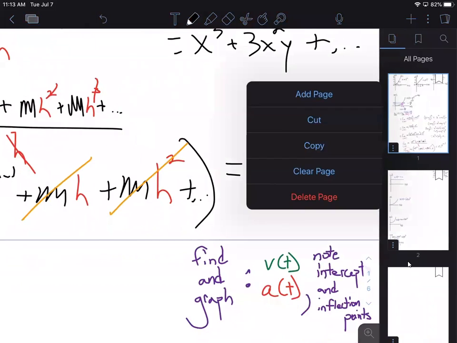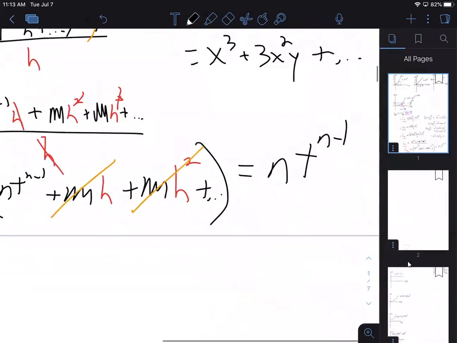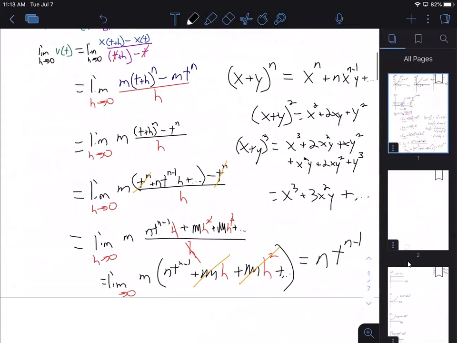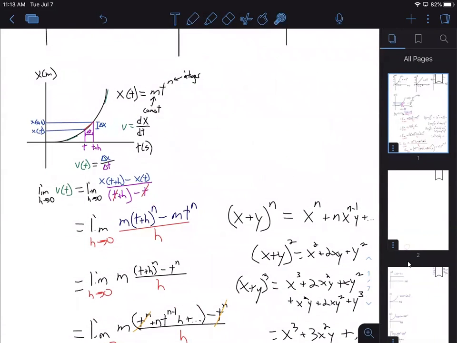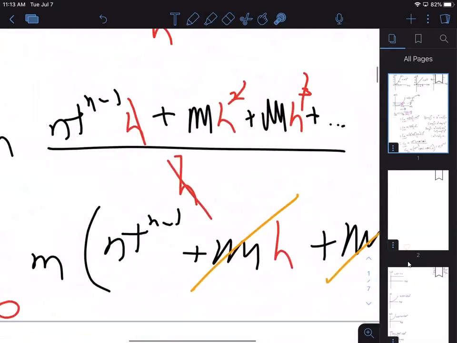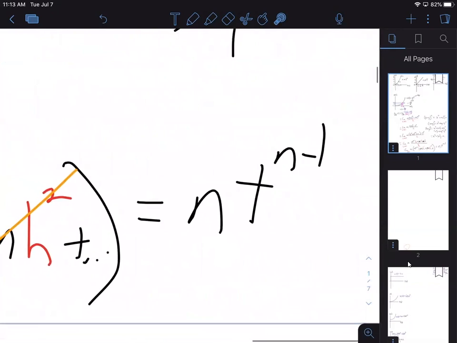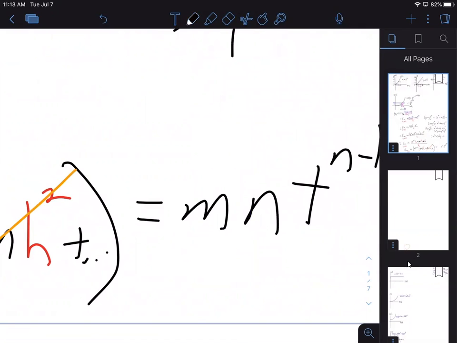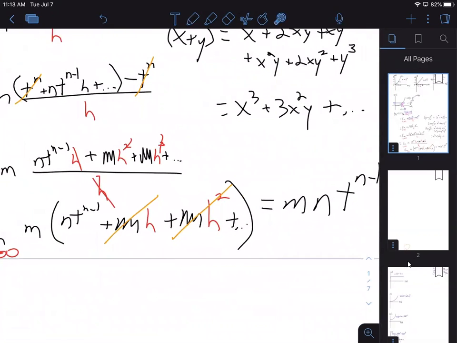Let's add another page here. What was all that we were solving for again? Well, we were trying to find the velocity, the slope at that point. So it turns out the slope for a polynomial of order n equates, we left out this is all multiplied by m. So let's just throw that in there, to this value.